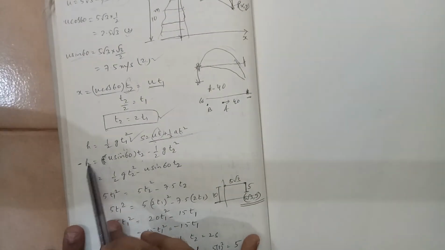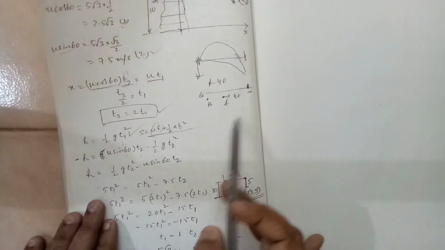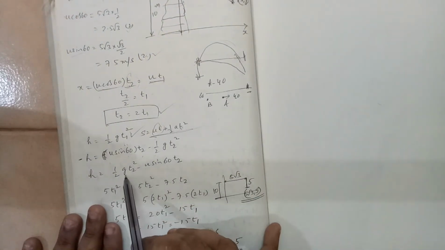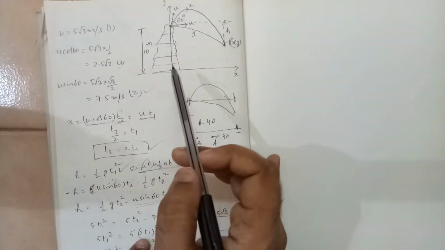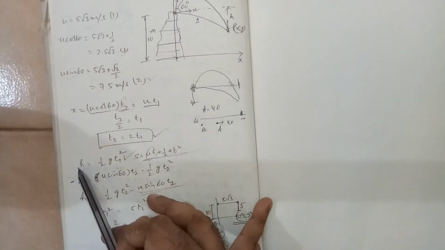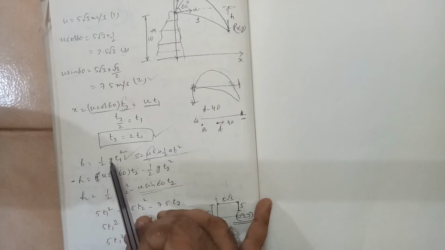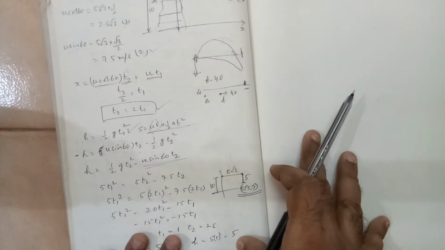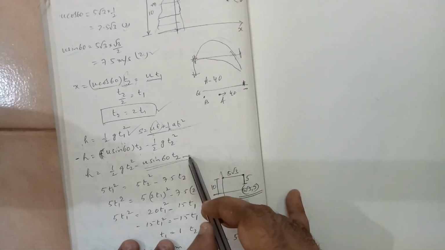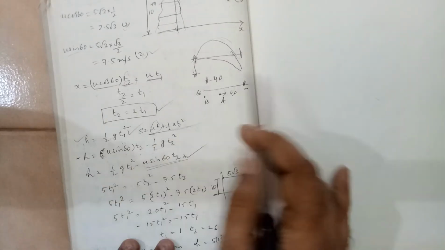So h is equal to, multiplying with minus, half g t2 square minus u sin 60 into t2. You can say, sir, in the first case then h also is negative, no? But here g also is negative, so minus minus has become plus. Okay, so you got this equation.